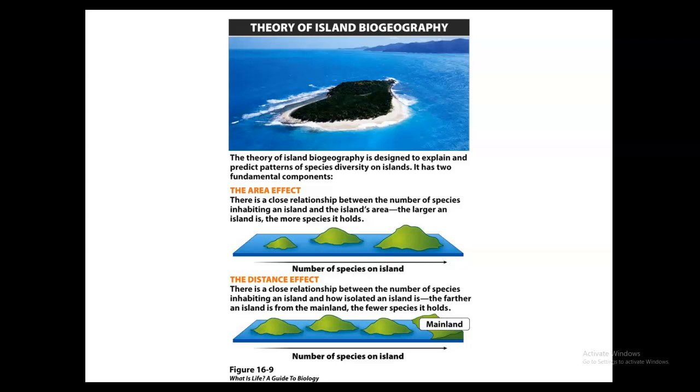Remember, with the area effect, there's a close relationship between the number of species inhabiting an island and the island's area. The larger the island is, the more species it holds. And the distance effect is that there's a close relationship between the number of species inhabiting an island and how isolated that island is, or how far away it is from a mainland. If it's far away or more isolated, it's going to have fewer species.